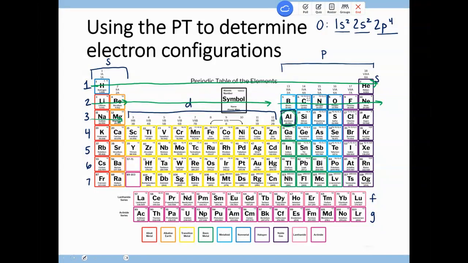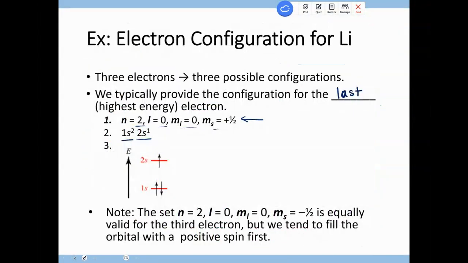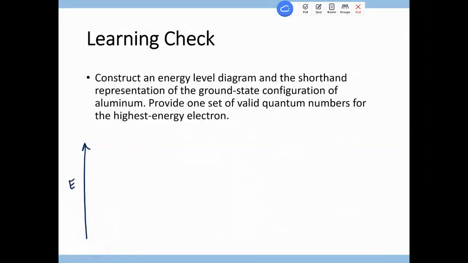With all of that, we can write the electron configuration. Writing the full electron configuration, we'll talk about the abbreviation also.